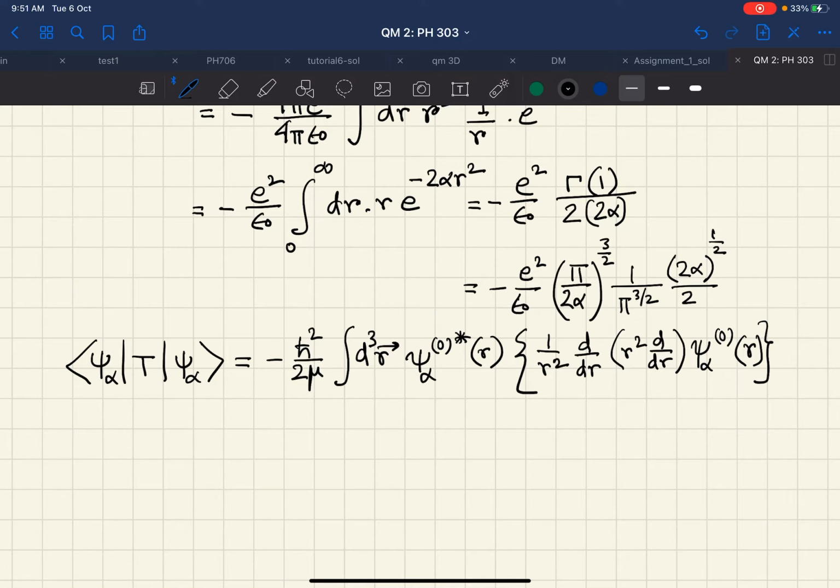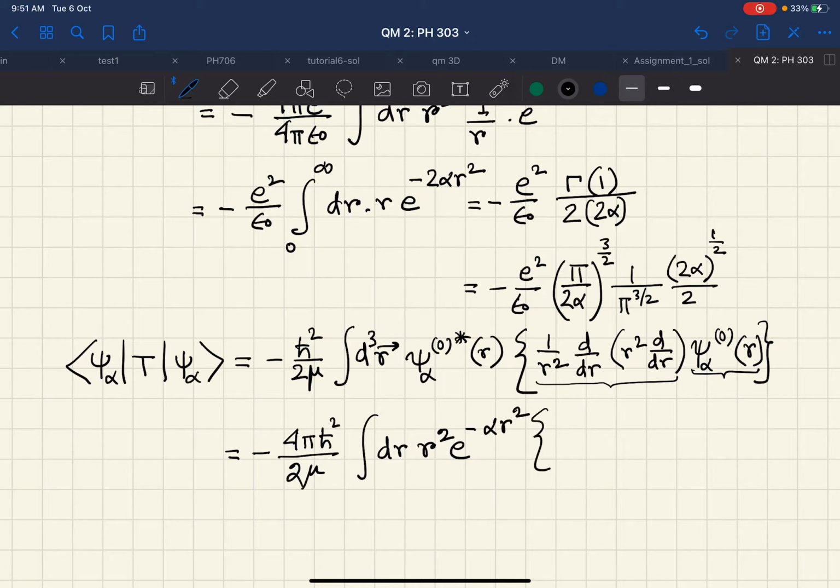Now psi alpha 0 r is nothing but e to the power minus alpha r square. So here again there is no theta phi dependence in any of these factors. Therefore, we will have a factor of minus 4 pi h cross square by twice mu integral dr into r square into e to the power minus alpha r square.